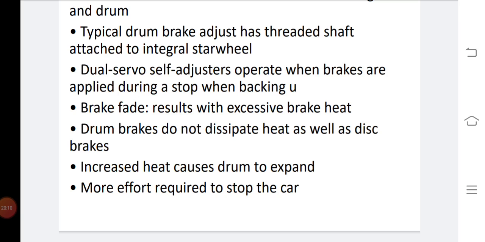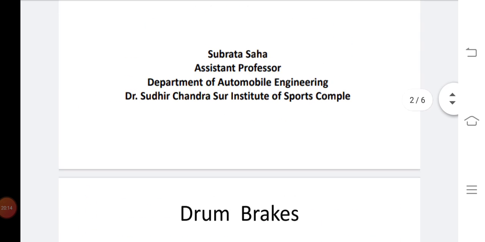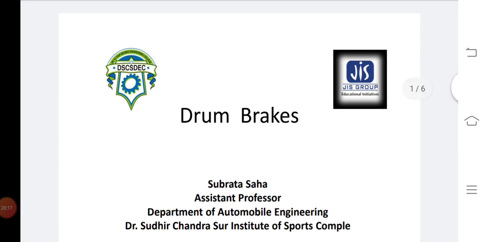So heat is the main problem of the drum brake, and that's why we are using the disc brake to dissipate more heat through the braking system.